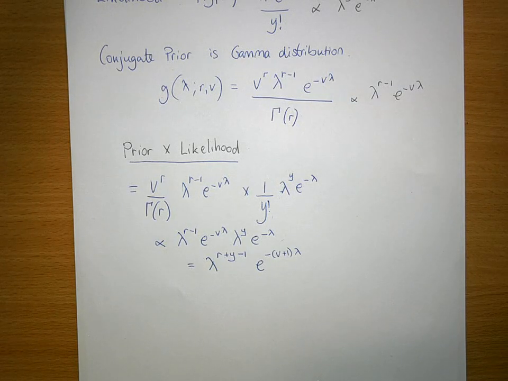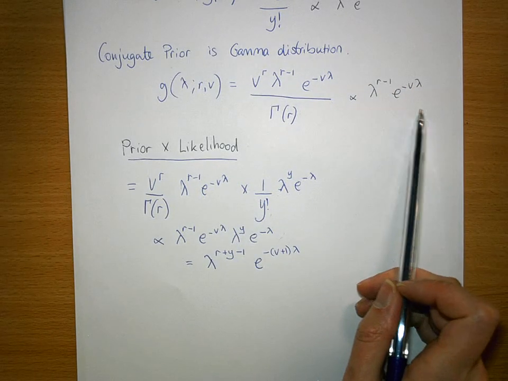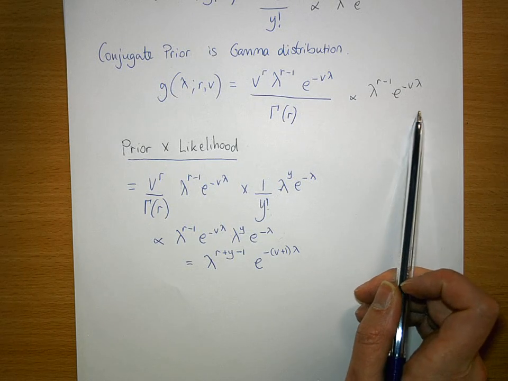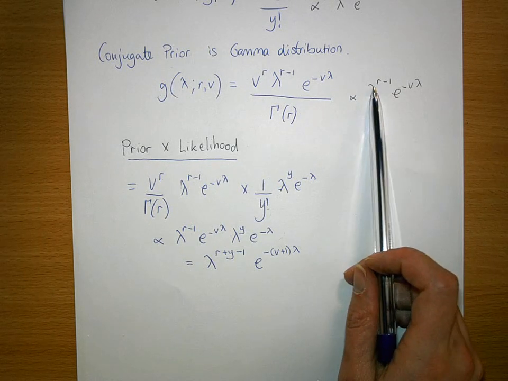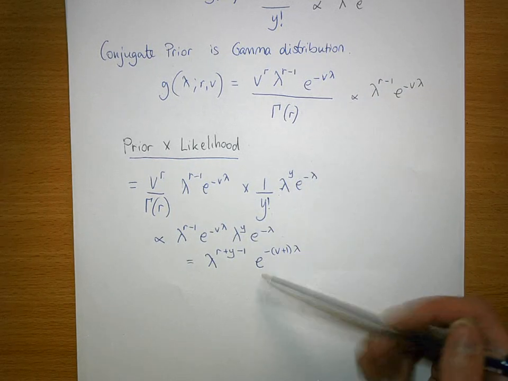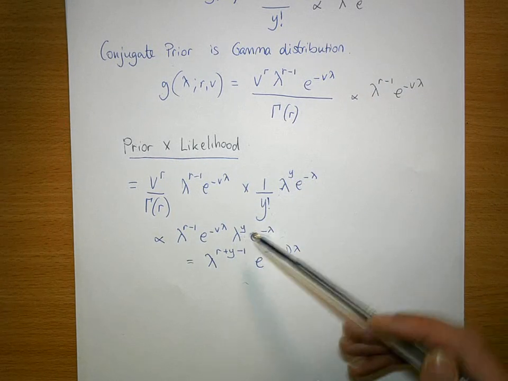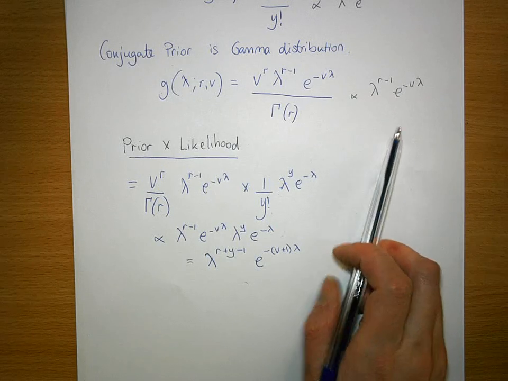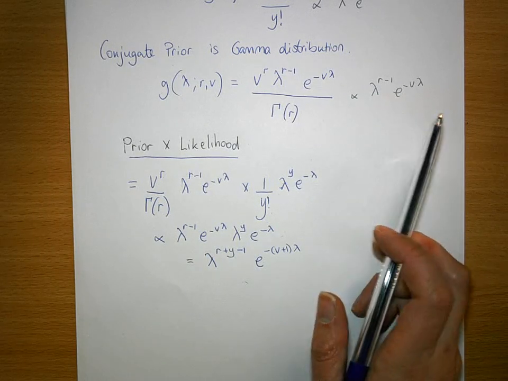Now, what does that look like? Does it look similar to this? So something, some letter, minus 1. Well, we have that. And instead of v, we now have v plus 1.